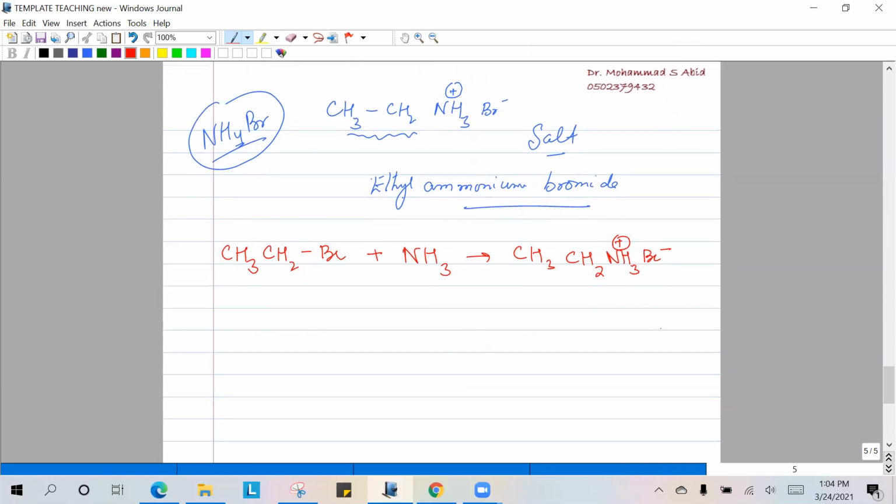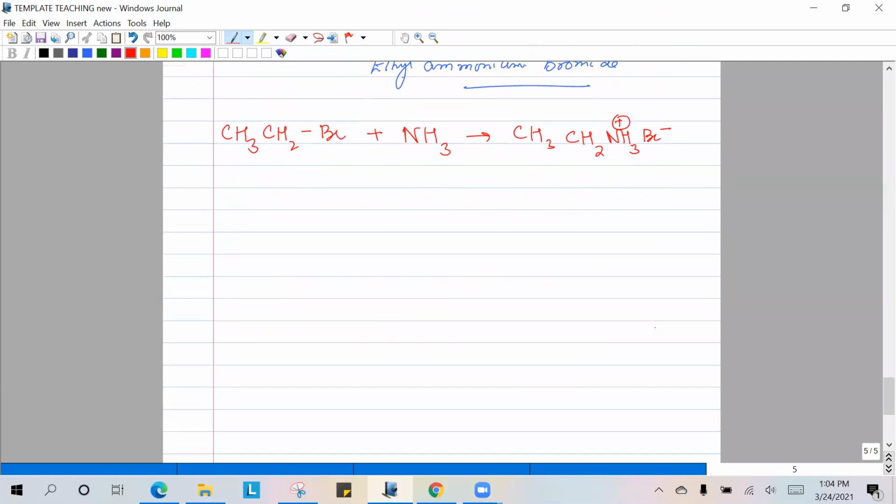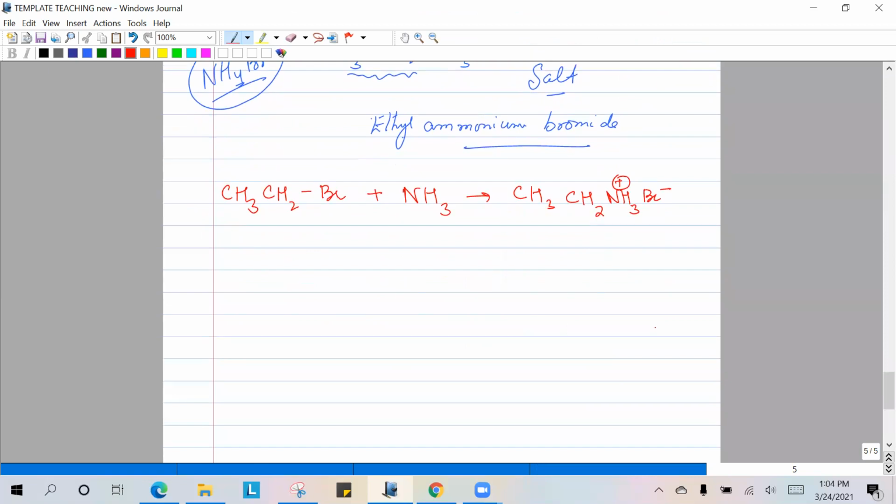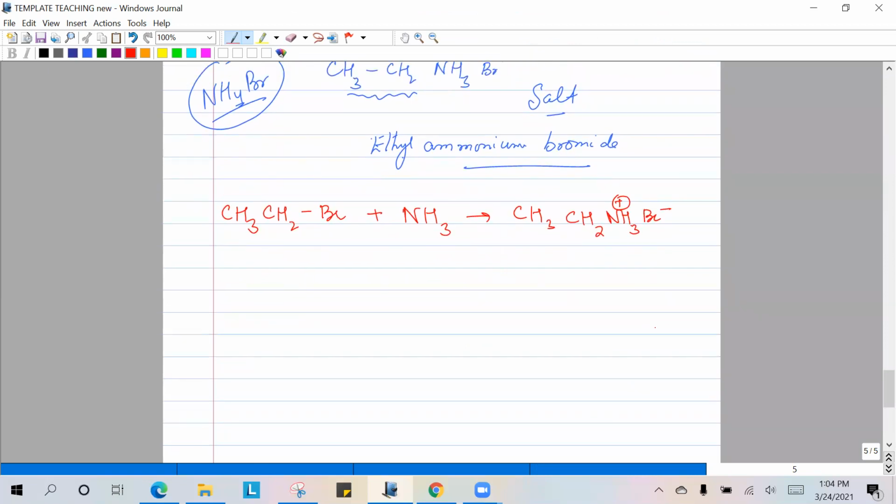Now the other problem over here is that ammonia is in excess, so the further ammonia can react with this part. We can just consider it over here like this.